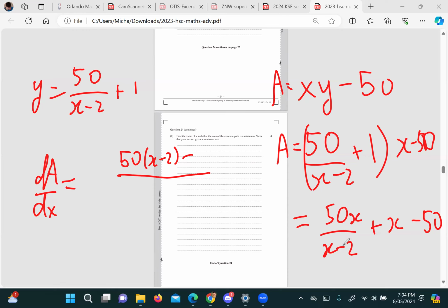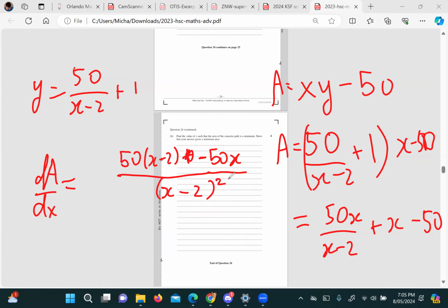And then plus, what goes here? Minus 1 times 50x, so minus 50x. So top minus bottom, over bottom squared, yeah? And the bottom squared is x minus 2 squared.